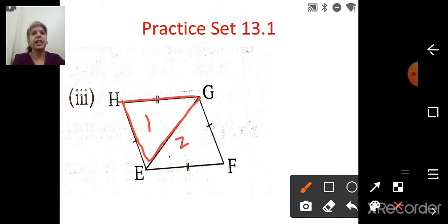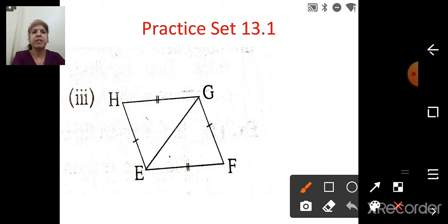Then the other triangle will be GFE. And what you have to remember, children, very important, is correspondence. And if you will see the correspondence, you will see vertex H. H corresponds to F and E corresponds to G. So this thing you have to keep in mind.